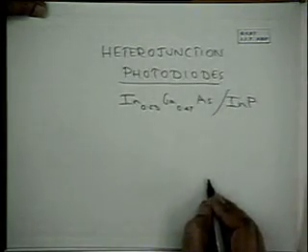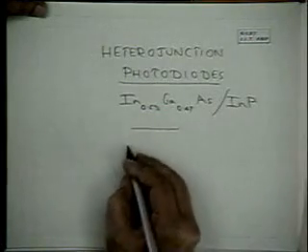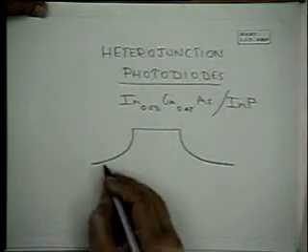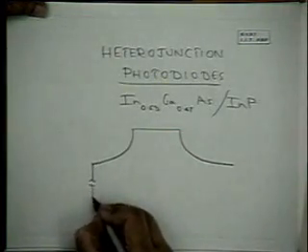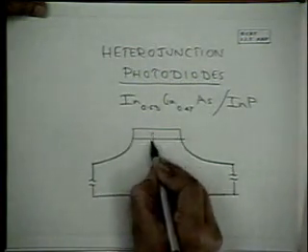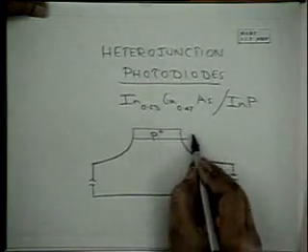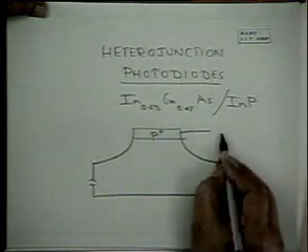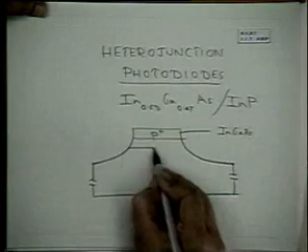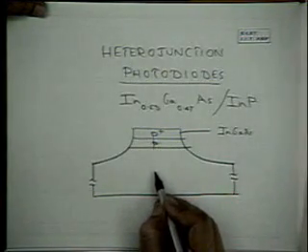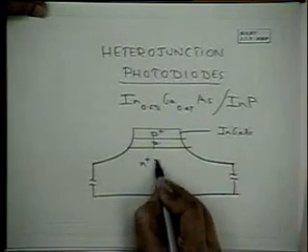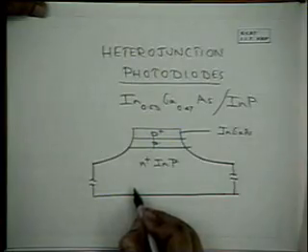The structure is something like this. We have a P plus InGaAs layer made by zinc diffusion, then a P layer, and then N plus in indium phosphide, which is lattice matched.